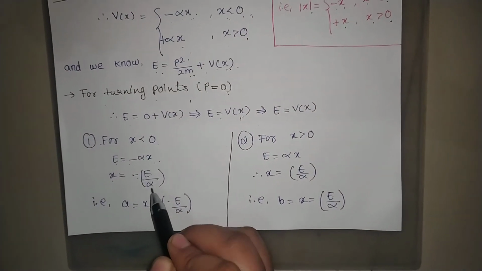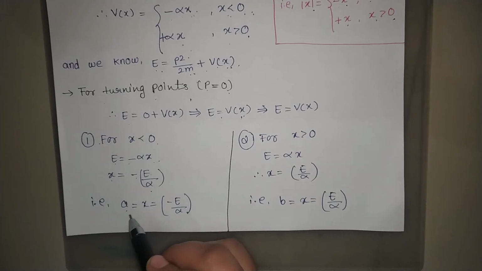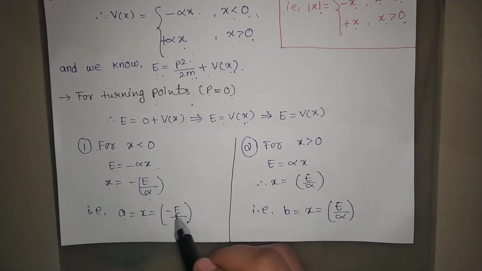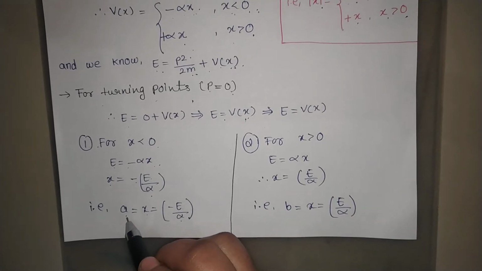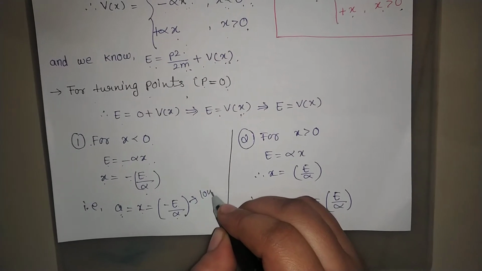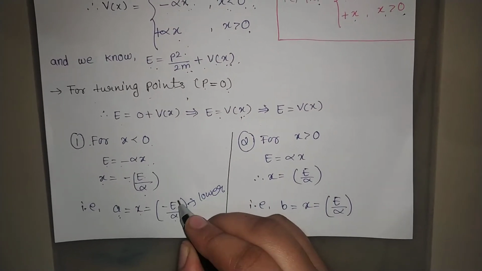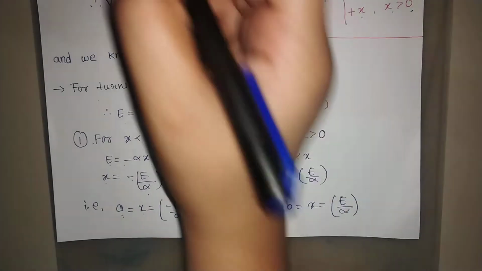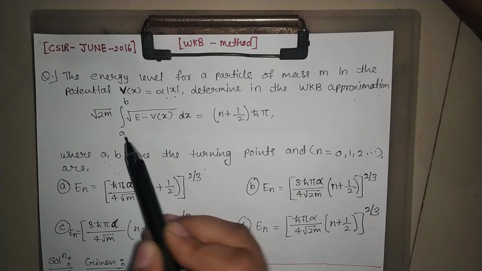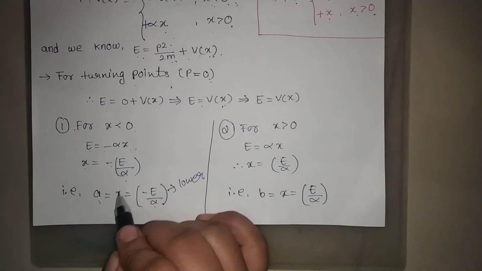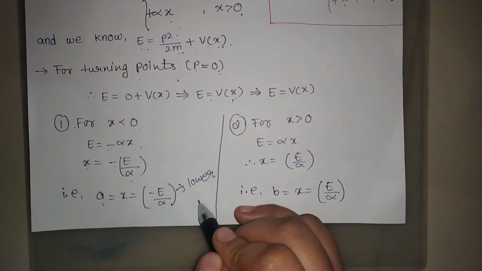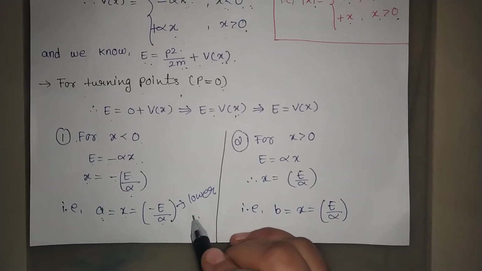Let's write this as A, which is x equals minus E by alpha. Why have we taken this value as A? Because here we have the negative, that is the lower turning point, and in this question A is mentioned as the lower limit. So from here we have got the lower limit.